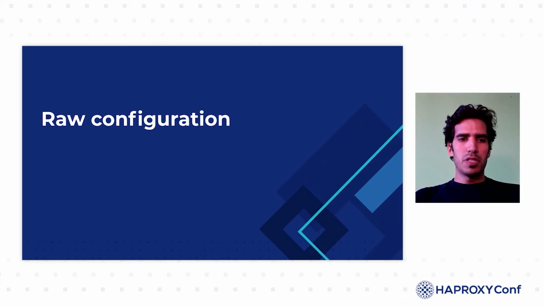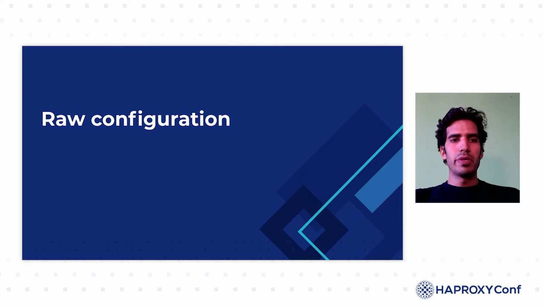Actually, some users, especially those who are already familiar with HAProxy, reported that they prefer to use raw configuration rather than having to use an intermediate input layer. And raw configuration is available in two parts.